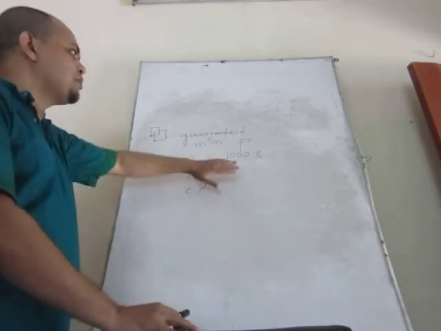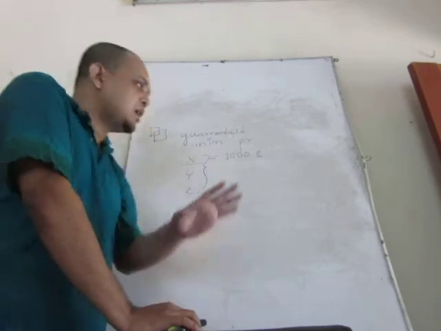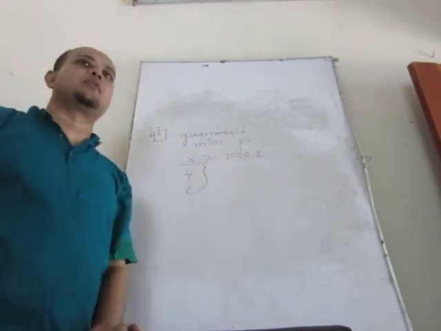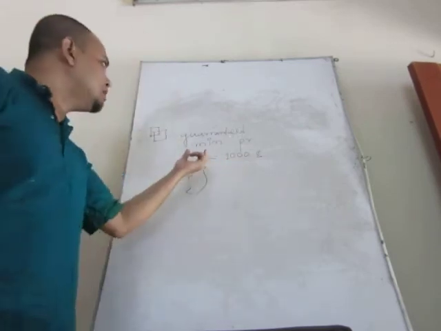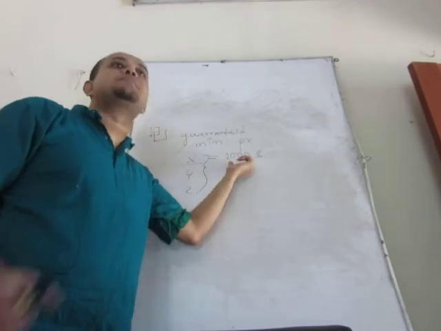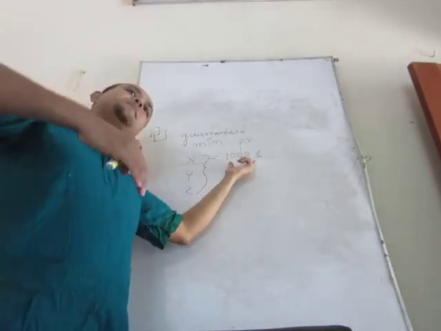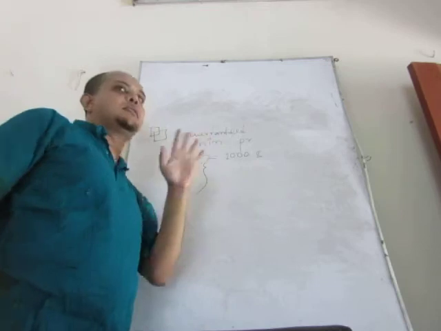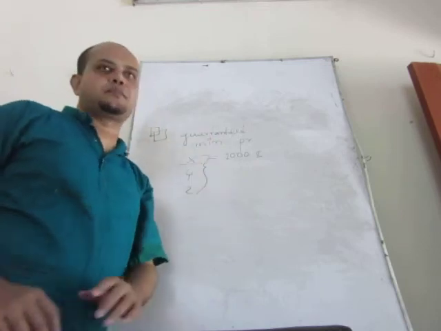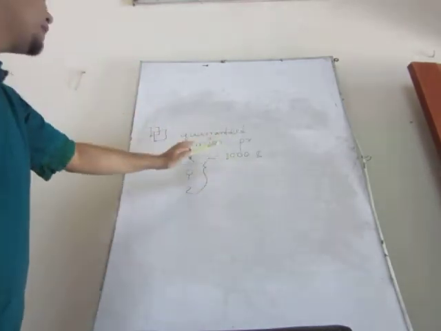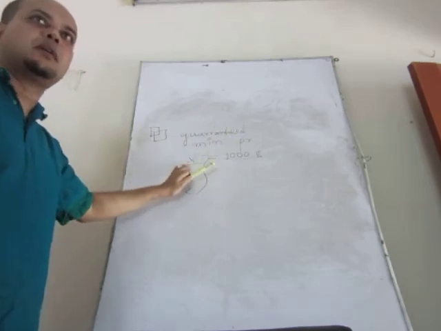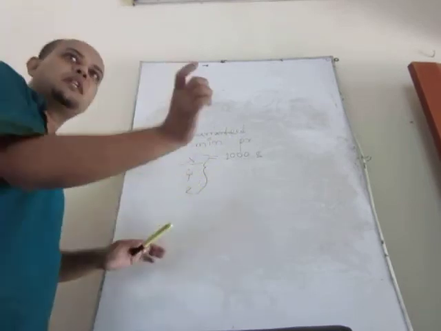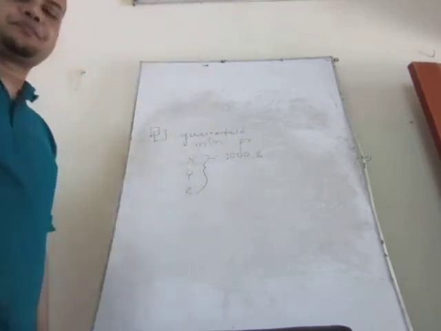Clear? That is, at any time, X's profit should be $1,000. That means this is the guaranteed minimum amount of profit. It may be more than this, but not less than this. Clear? Minimum this amount is to be provided as a kind of profit appropriation to X. This is additional information with the previous information.